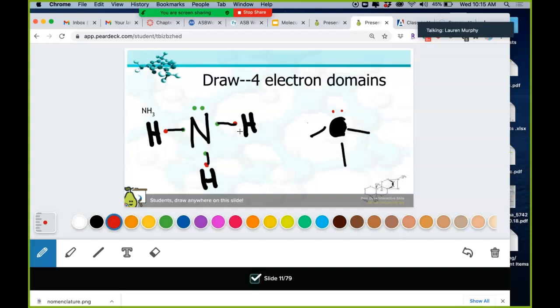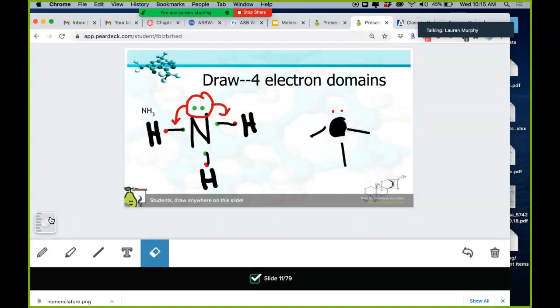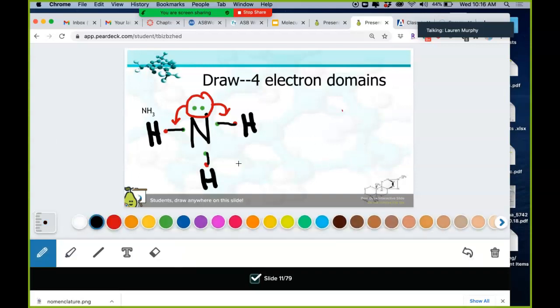Well, this is definitely not drawn to shape because these electrons right here, this lone pair of electrons, will cause repulsion and push away these bonded pairs, which means it will push them down, okay? They won't be able to sit flat like that because of the repulsion between the lone pairs of electrons and the bonded pairs. So really, ammonia looks more like this, where you kind of have this pyramid at the bottom.